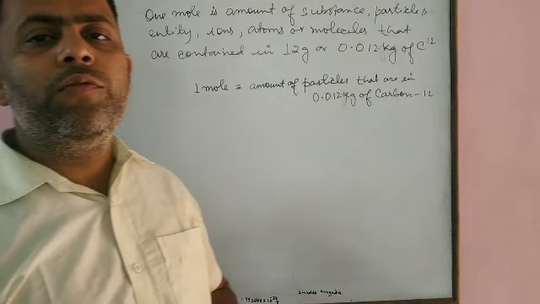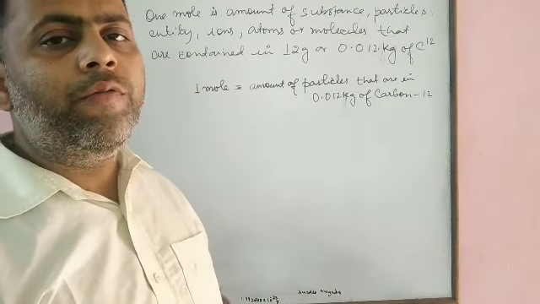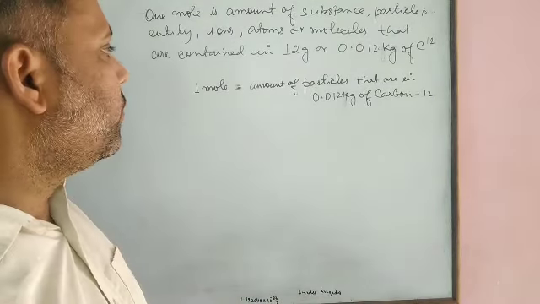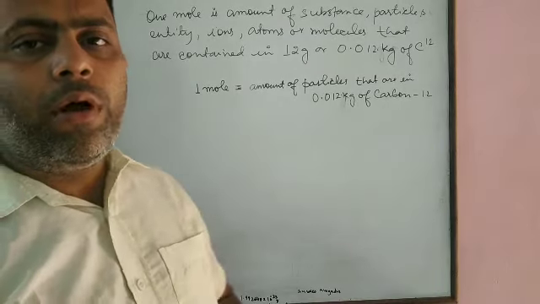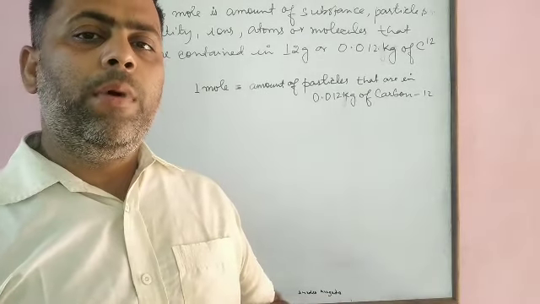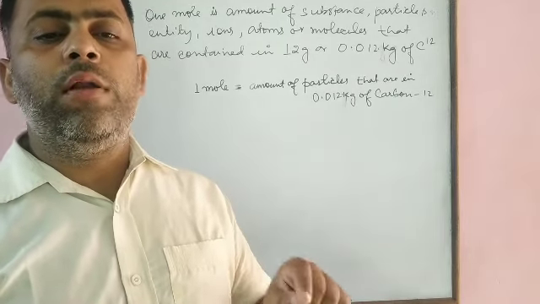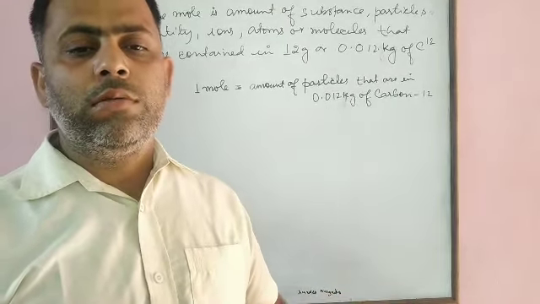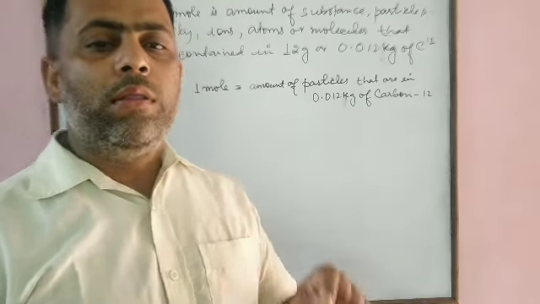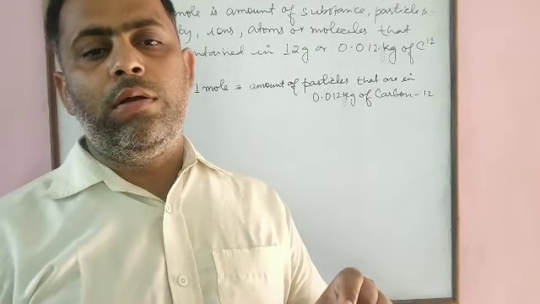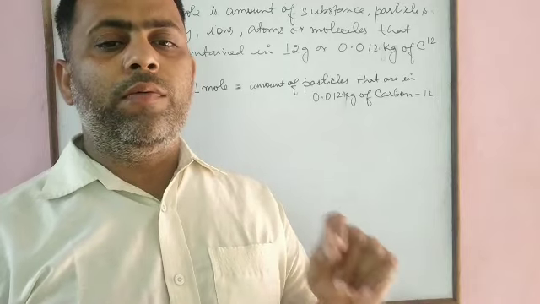By means of mass spectrometry, we have determined the mass of one atom. It means if we want to determine the number of particles in 12 gram of carbon 12, then we should divide 12 gram of carbon 12 by the mass of one particle.